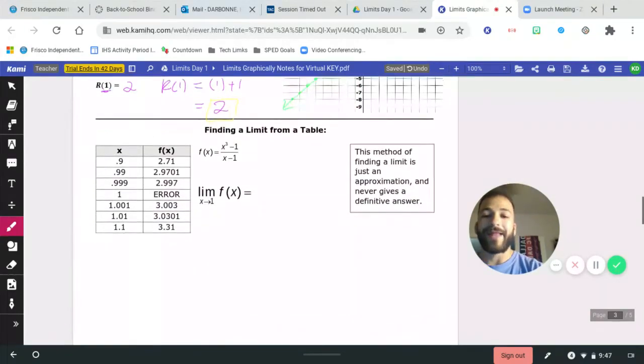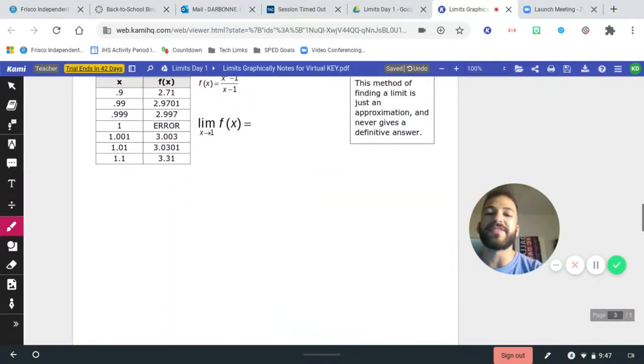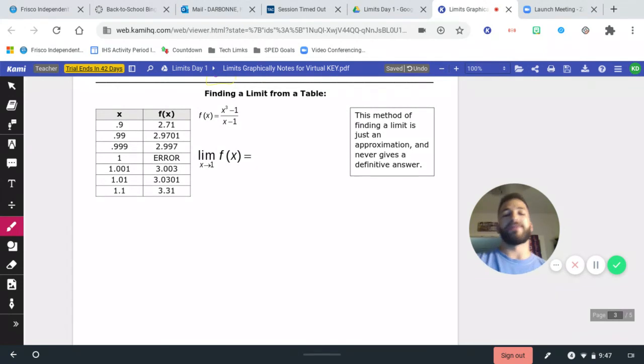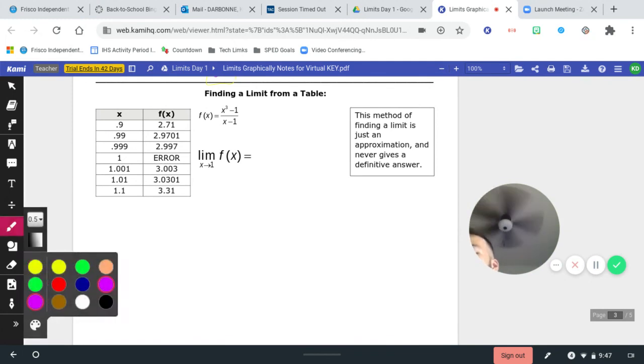All right, last thing I'm going to talk about with you in the notes is finding a limit from a table. Sometimes they might give you the values of a limit from an actual table. So we have f of x is equal to x cubed minus 1 over x minus 1, a nice little rational function, and they want us to find the limit as x approaches 1. Looking at our table, as we get closer and closer to 1 from both directions, 0.9, 0.99, 0.999, that's from the left.